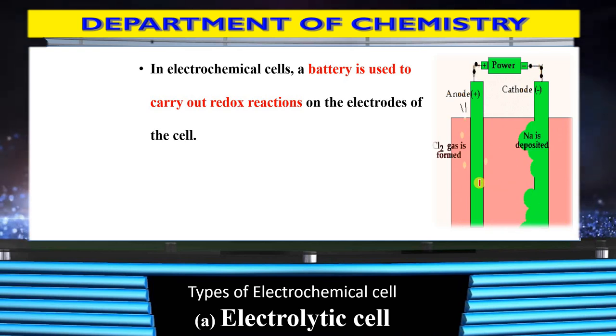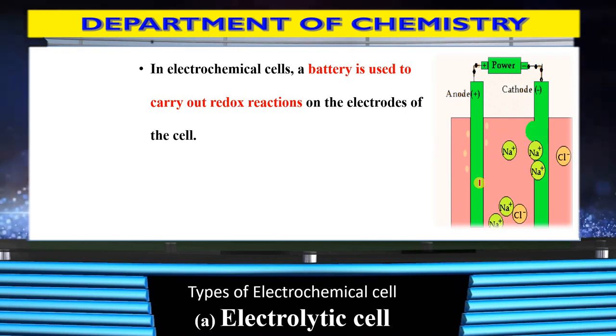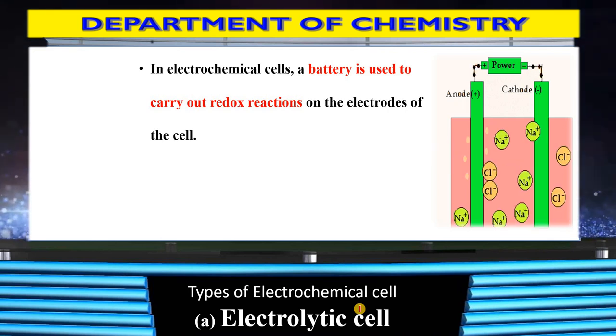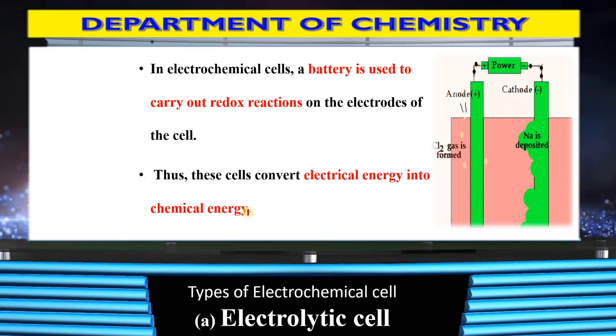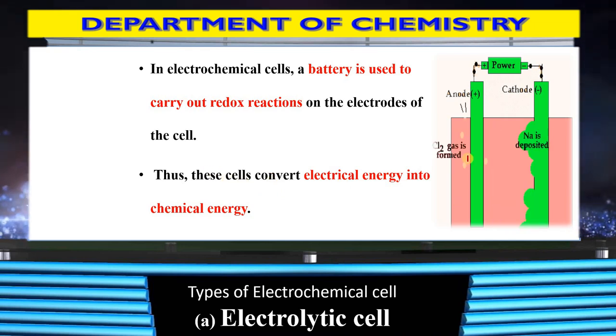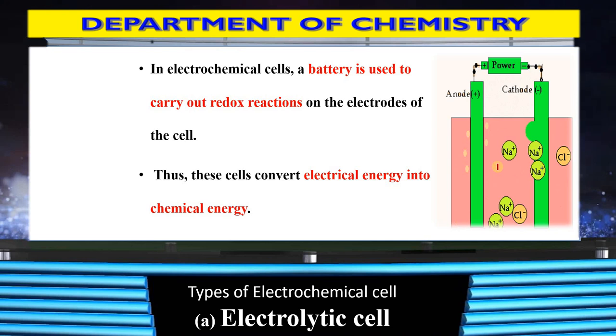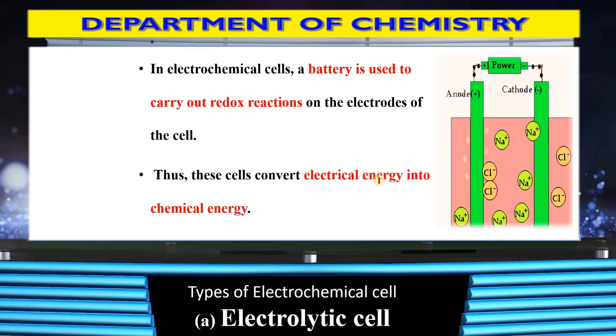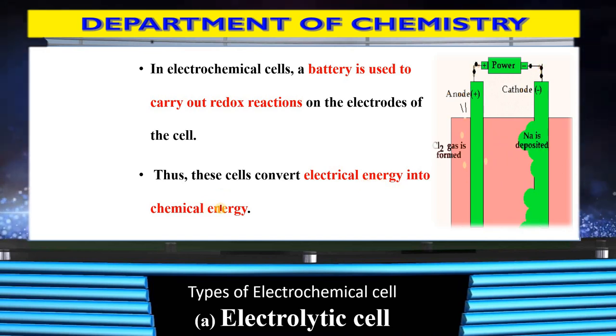And if we need a battery to carry out such electrochemical reactions, that type of electrochemical cell is called an electrolytic cell. See here, in this cell, the battery carries out oxidation and reduction reactions. Therefore in this cell there is a conversion of electrical energy into chemical energy.